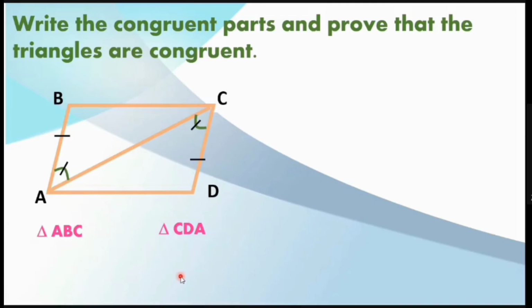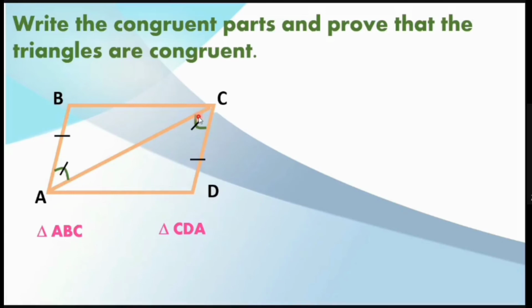Now, can we identify three pairs of corresponding parts that are obviously congruent? Since side AB here and side CD has one tick mark, these two sides here are corresponding sides. And these two angles here are also corresponding angles.